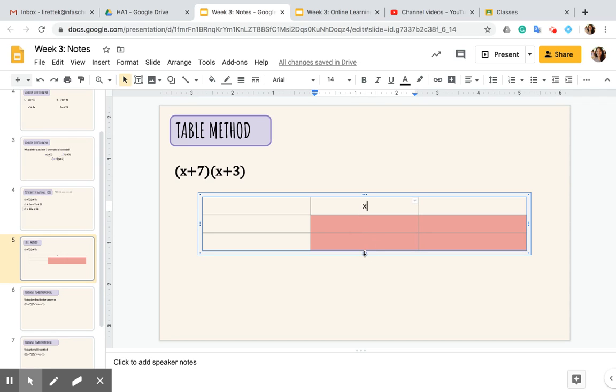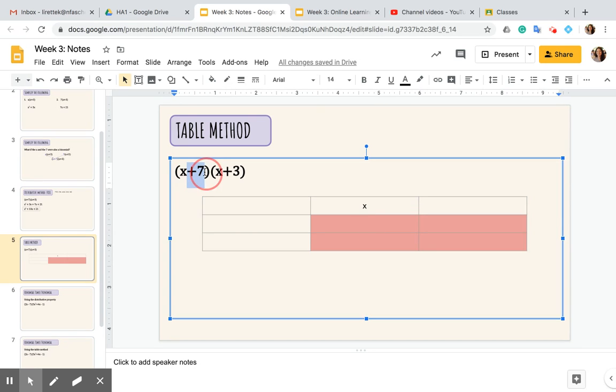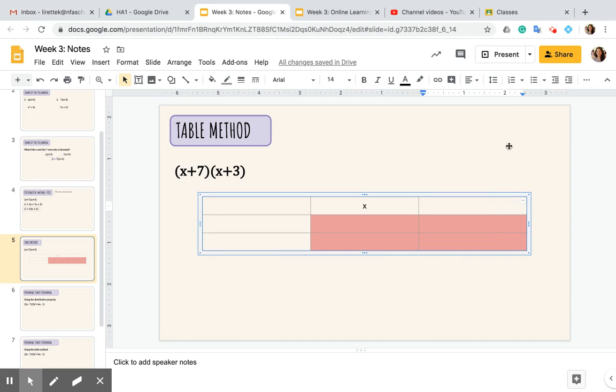So I'm making this a column term, which means that the next term in that same binomial has to also be a column term. It's a positive 7, so I'm going to type 7. And if you guys have done, what are they called, Punnett squares in science class, I don't know if you guys have done that yet. This is pretty much the same idea. We're doing a Punnett square, okay?